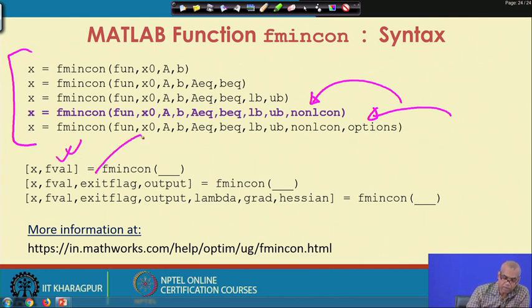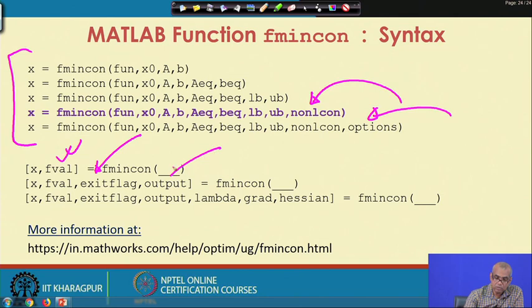You can have the exit flag, which will tell you whether the solution was obtained and convergence was achieved or not.